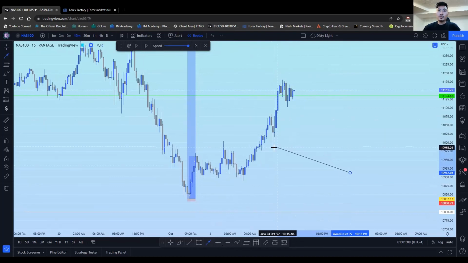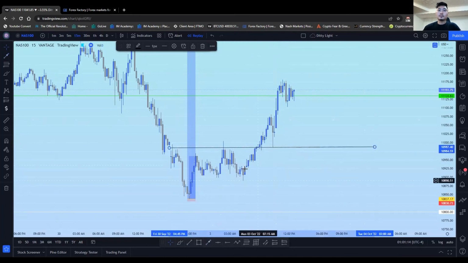Push it back here, right? Push back to this area, so the top got broken, right? Boom, potentially can become a low in market structure, right? And then push it up again. Damn, hit 2000 pips here.